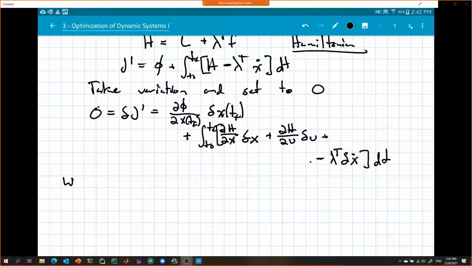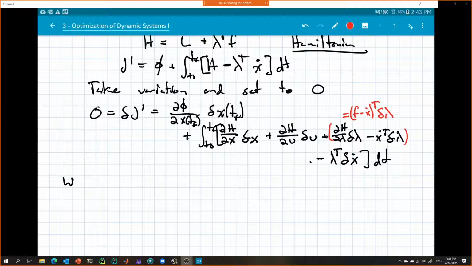So what I wrote was right, but my elimination wasn't. So we have the partial with respect to lambda times the variation of lambda, minus x dot transpose times the variation in lambda as well. If we combine these together, this is equal to f minus x dot times the variation in lambda, which then is equal to 0.